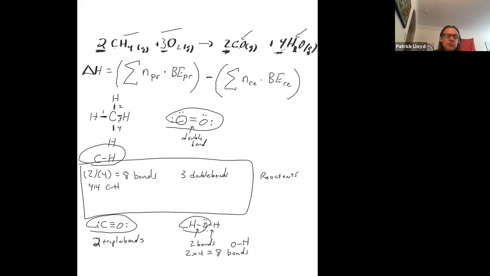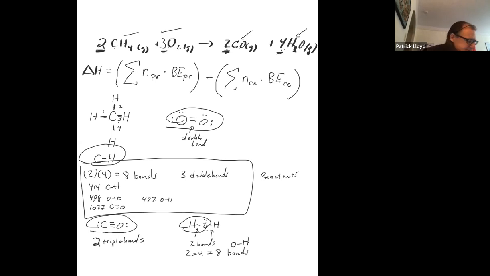For the O double bond O is 498. For the C triple bond O is 1077. And there's one more that I can't fit in there, so I'll move it over to the right: 497 for the OH. Okay, so there's our 4 values.